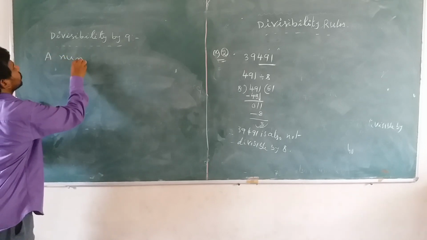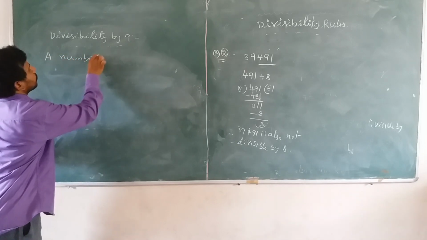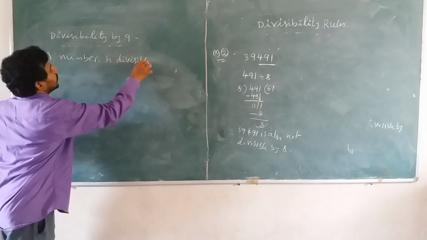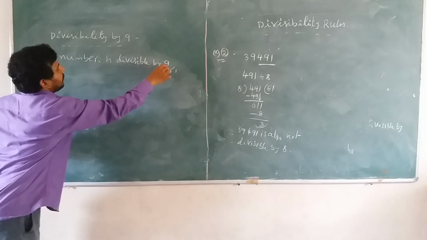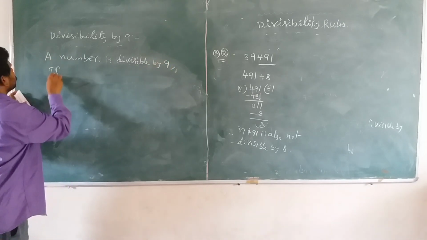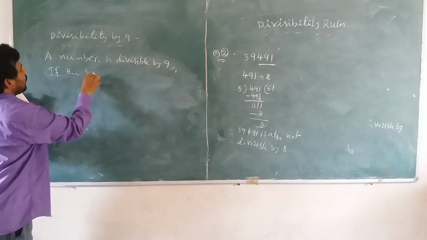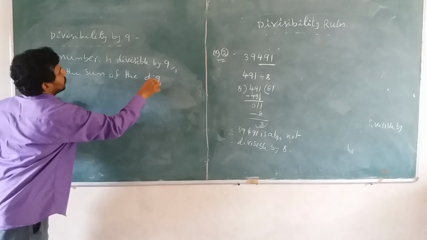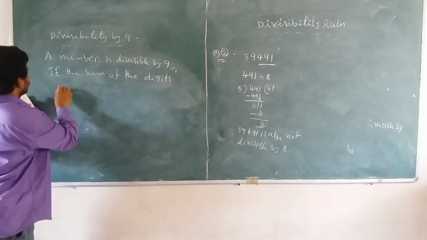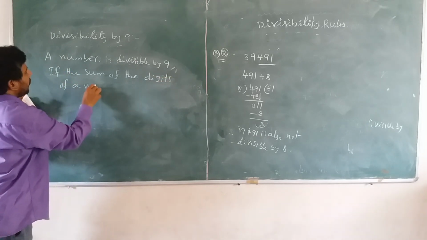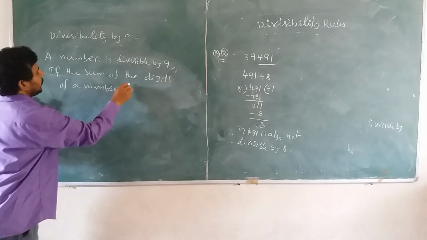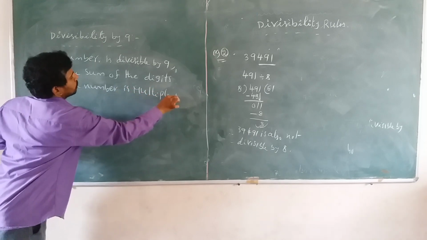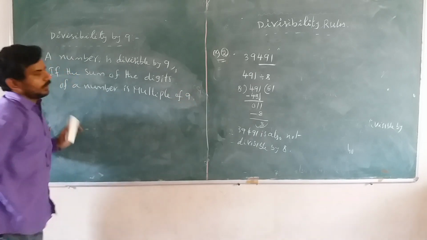A number is divisible by 9 if the sum of the digits of a number is a multiple of 9.